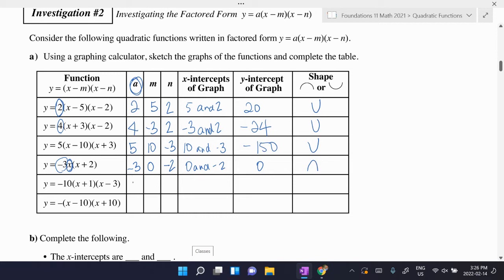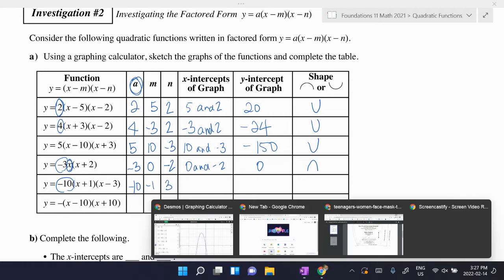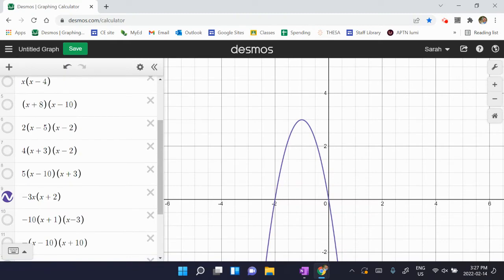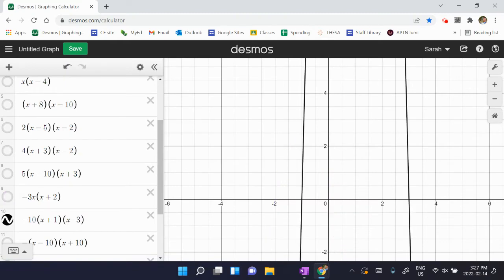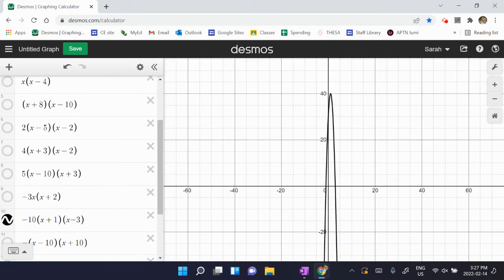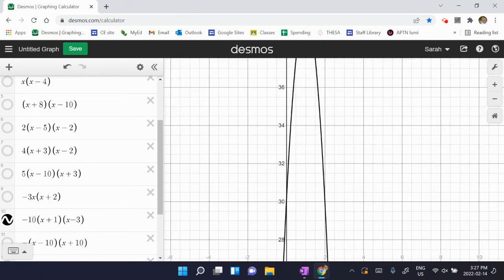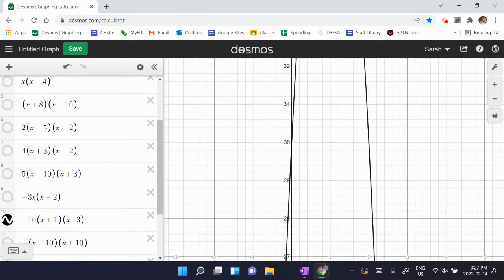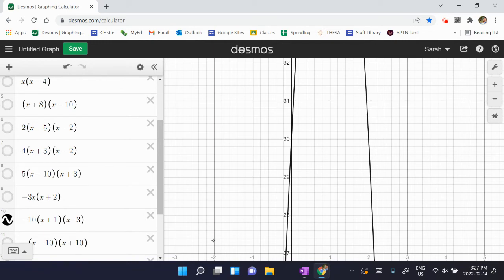Okay, let's do the next one. A is negative 10. M is minus 1. N is 3. Ooh, let's have a look at this one. The y-intercept looks like to be 30, right there.